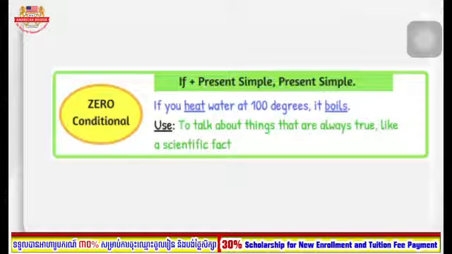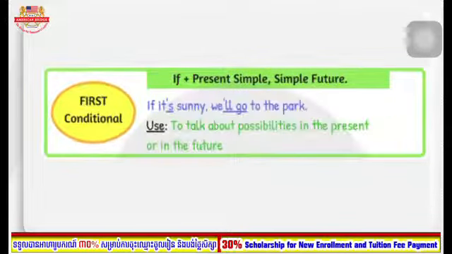Again, the form of zero conditional is: if plus present simple, comma, present simple. With the zero conditional, we talk about things that are always true, like a scientific fact. If it's true, we use zero conditional.